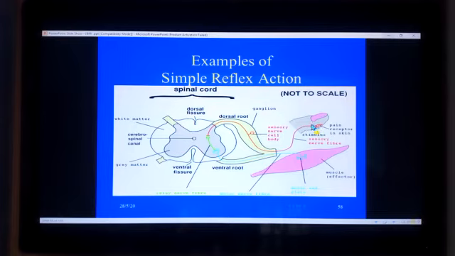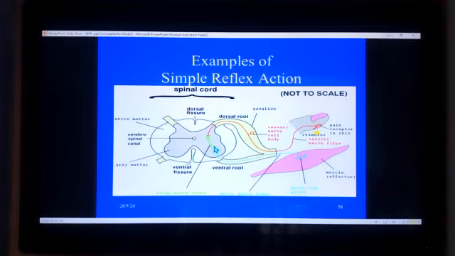Then the impulse will travel along into the spinal cord, and within the spinal cord, the impulse is delivered into a relay neuron, represented by a green color here.